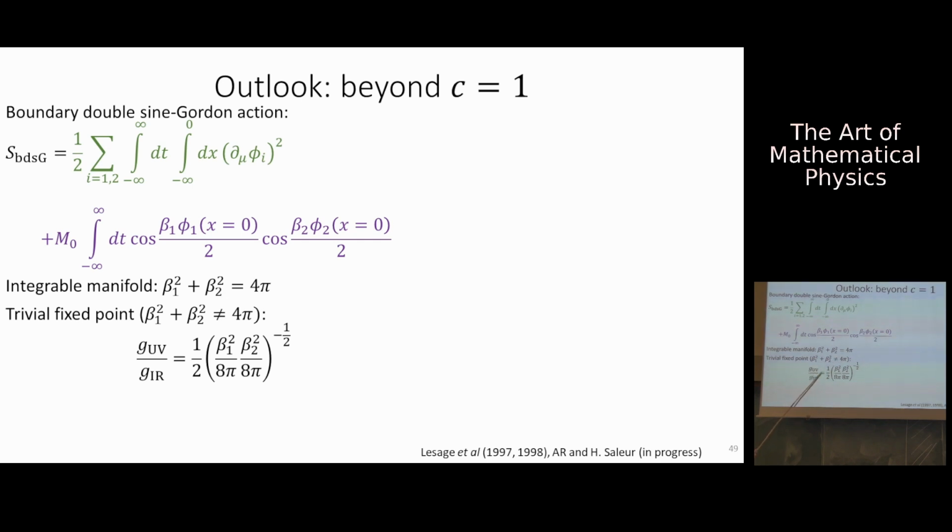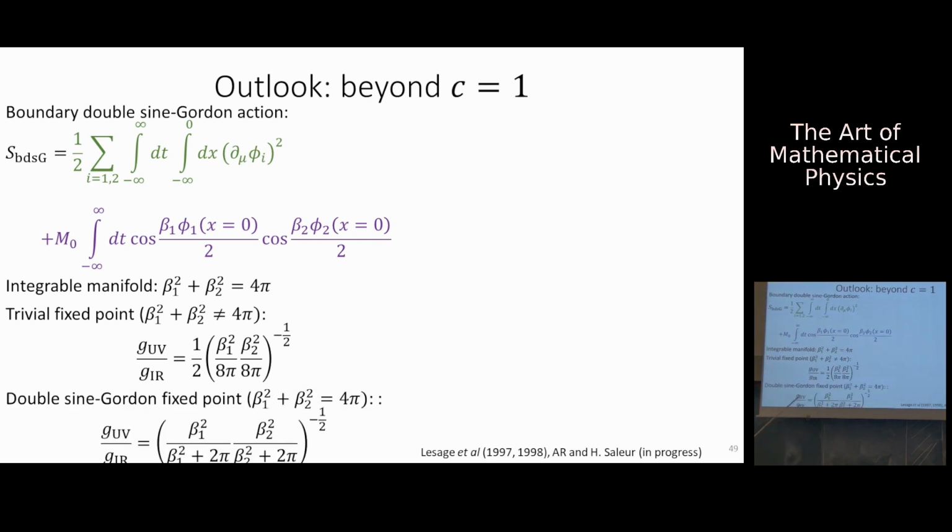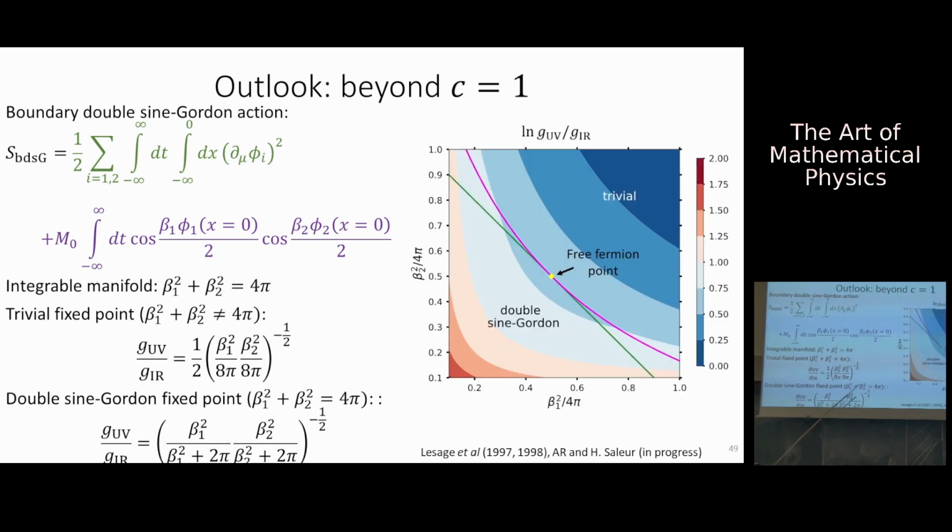Then you have this ratio of the g functions. On the other hand, if you have the squares of the couplings summing up to 4 pi, then you have this ratio of the g functions. The formulas are quite different, and if you just plot them as a function of beta 1 squared over 4 pi and beta 2 squared over 4 pi, you see that they have different parameter spaces with different stable fixed points.